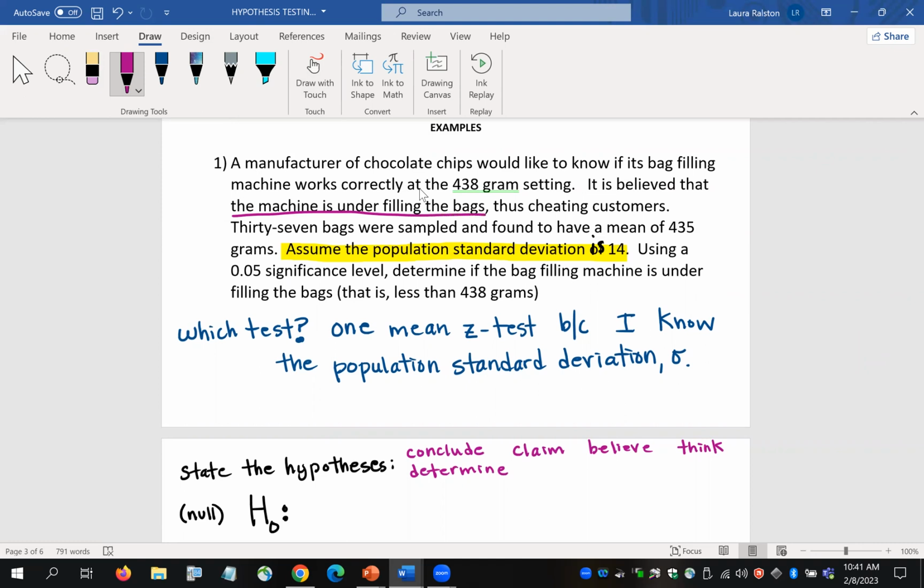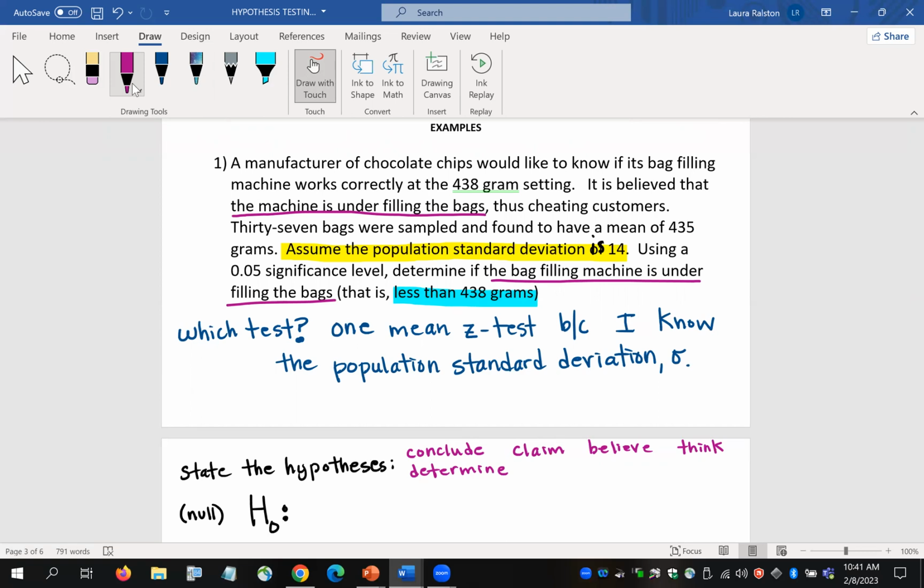And then if you get to the end of the problem, it says using determine if the bag filling machine is under filling the bags. And then it defines for you what it means if they're under filling the bags. So sometimes your hypothesis can be stated maybe twice, once towards the beginning and then again at the end in a question form.